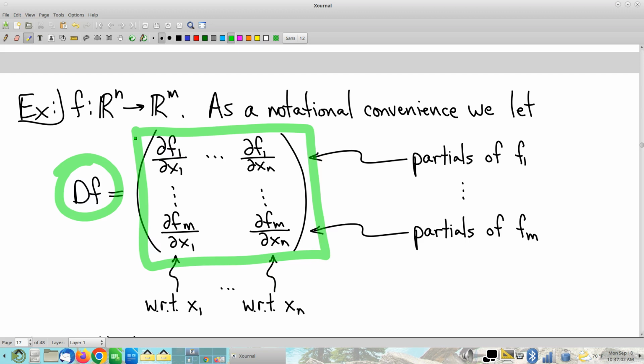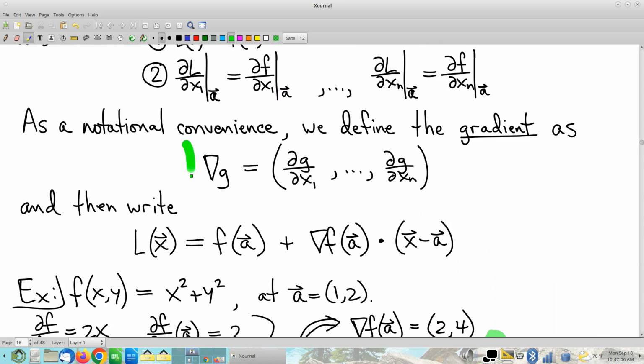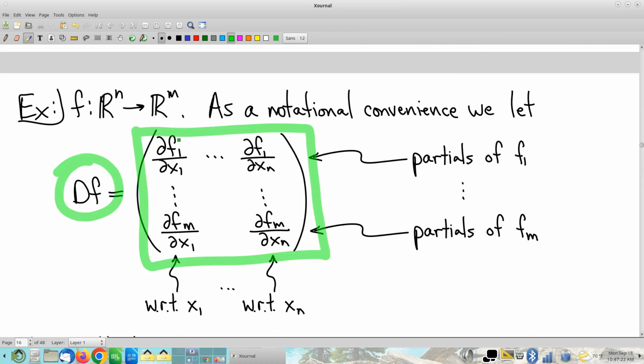It's playing a role kind of like the gradient vector. If you look back to the gradient vector, the gradient was a vector whose entries are the various partial derivatives. There's various different input variables, and so you get one partial derivative for each input variable. Here, this derivative matrix, again, is just an assembling of all of the partial derivatives.